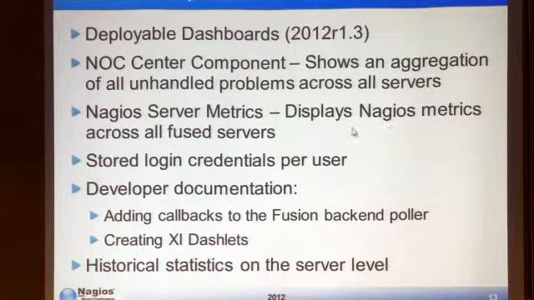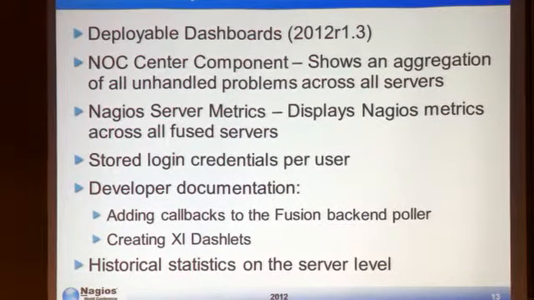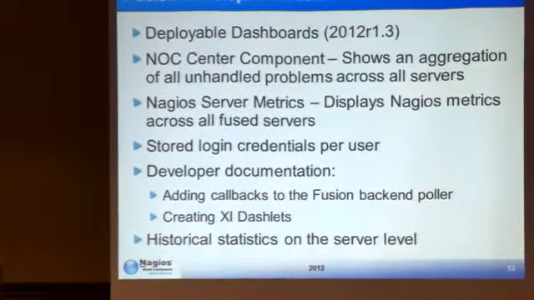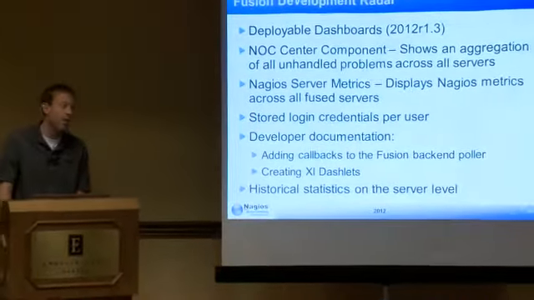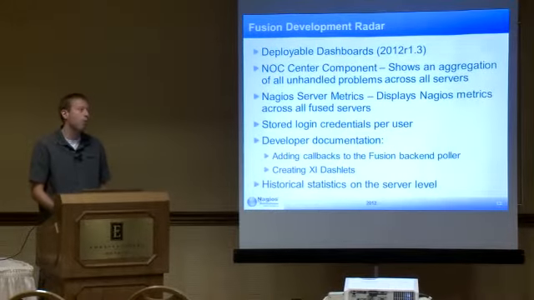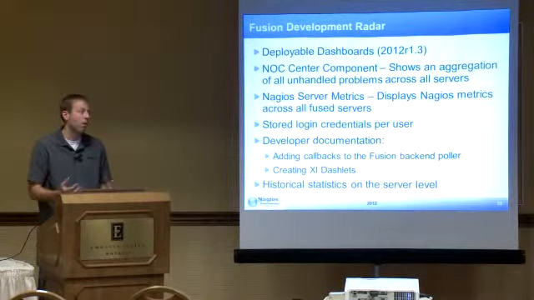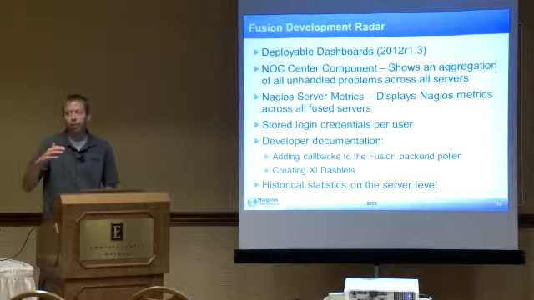A couple of other things, and actually I developed this after I wrote the presentation. As I mentioned, deployable dashboards will be available probably in the next 2 weeks with our 1.3 release. Another one that's been requested by multiple users is a centralized Tactical Overview-style component. If anybody's used Nagios XI, our Tactical Overview component is basically an aggregation of all unhandled problems with the most recent problems populating to the top of the page.